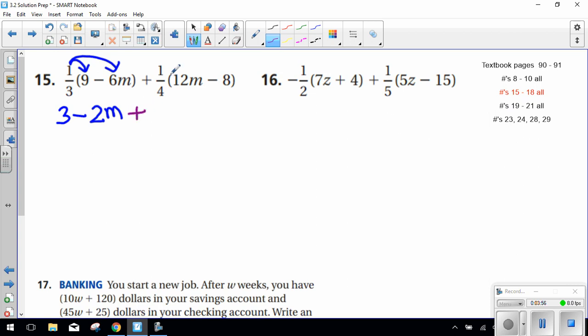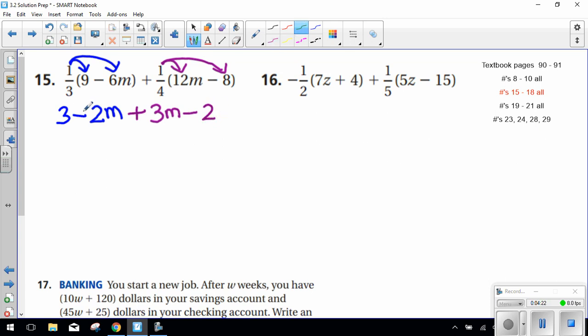plus. Now I'm going to take this 1/4 and times it to these two terms. So 1/4 times 12 will give you 3. Don't forget your m. Bring the minus sign down. Now in your calculator, do 1/4 times 8. You'll get 2.